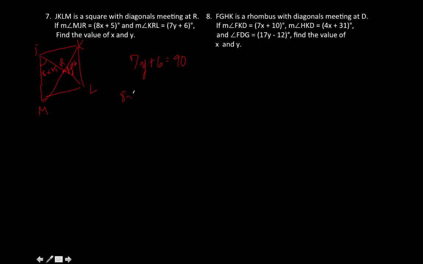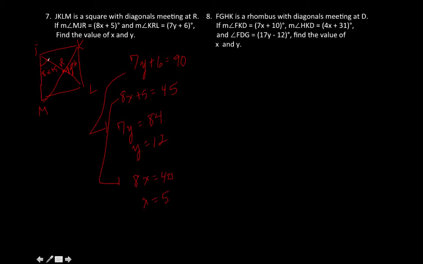So 8x plus 5 equals 45. So from this one, we get 7y is 84, and y is 12. And from this one, we get 8x is 40, x is 5.